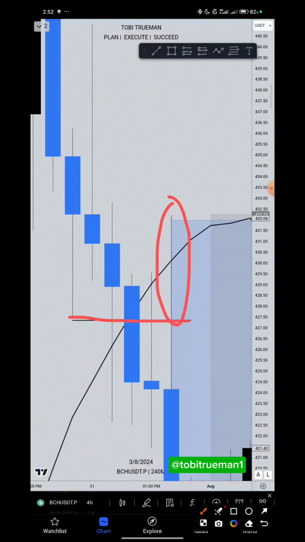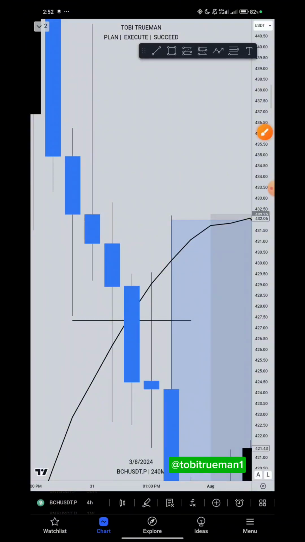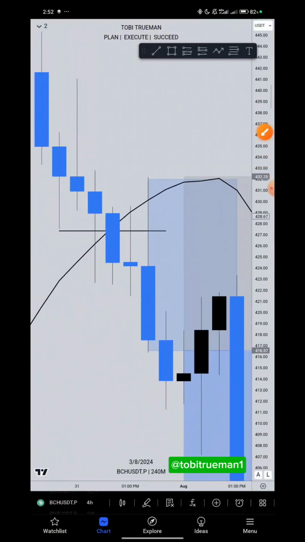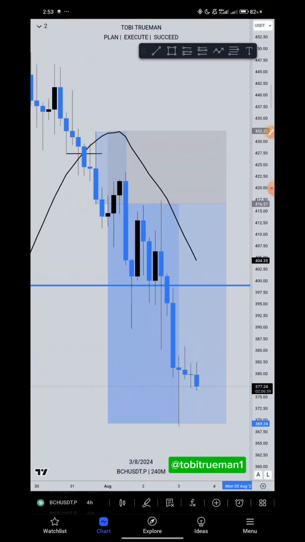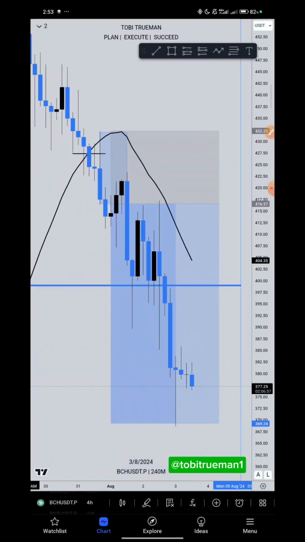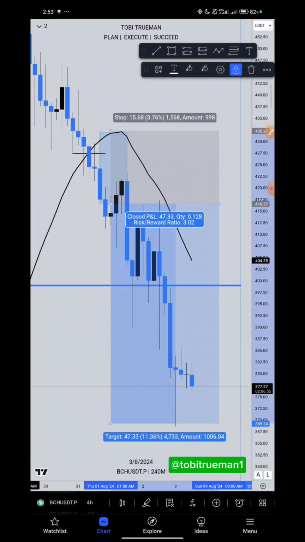It first of all tapped on the resistance and closed below it, right? Giving it this wick. After the wick, the wick also touched the 21 moving average and gave us our perfect signal. This is a very top-notch signal. This trade, when you enter it, you can see how it played out. Very beautiful, giving us our risk to reward ratio accordingly, risking one to get three.